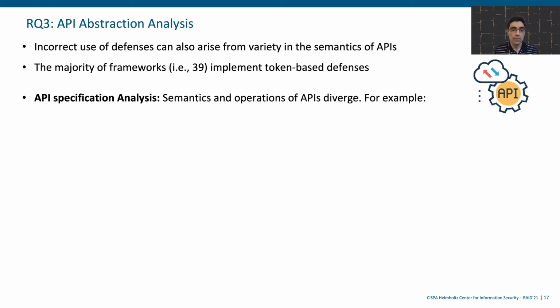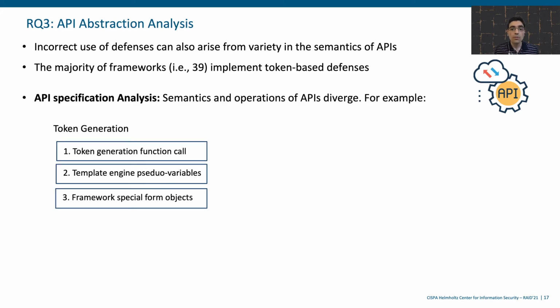of CSRF tokens. For instance, our review of the APIs showed that frameworks provide 3 distinct ways to add tokens to the request. For example, by calling the token generation function and arbitrarily placing the token in the HTTP request, by using helper functions and pseudo variables that are interpreted by a template engine when generating the HTML code for the browser, or by using the framework provided special form objects.